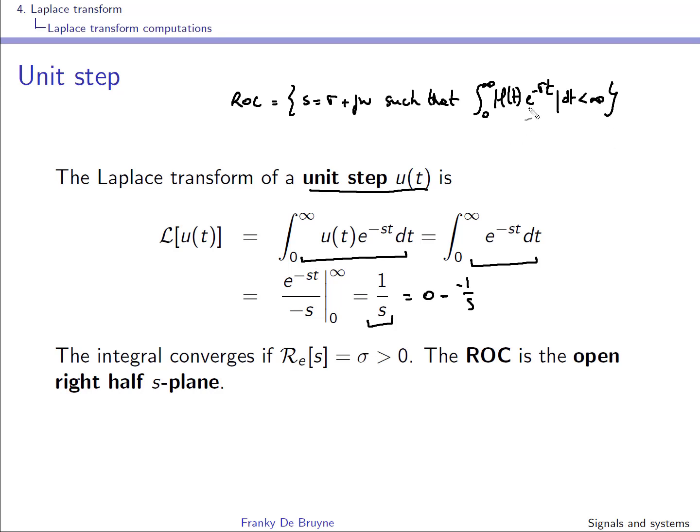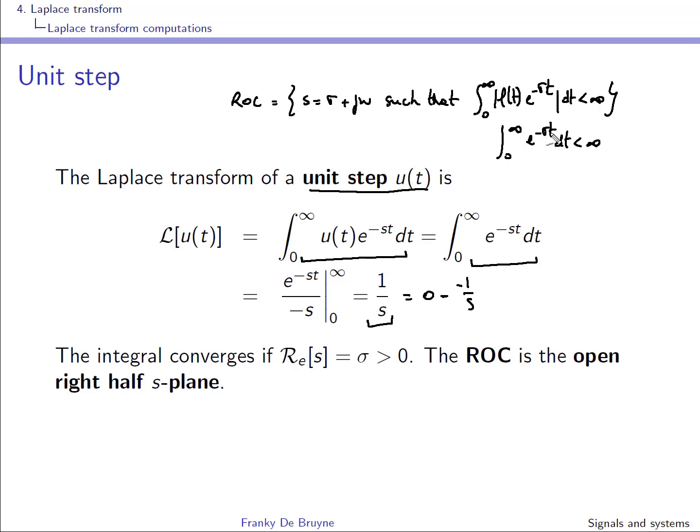If we replace f by the unit step, this will become the integral from 0 to infinity of e to the minus sigma t, I can leave out the absolute values, it's positive, dt, smaller than infinity.